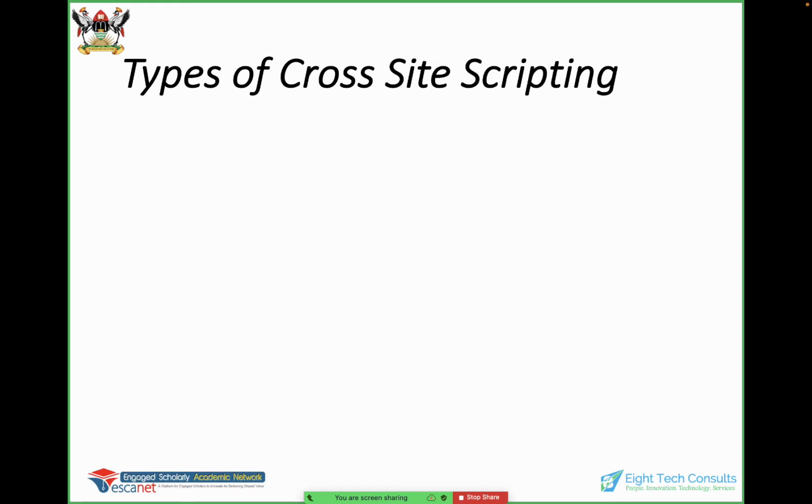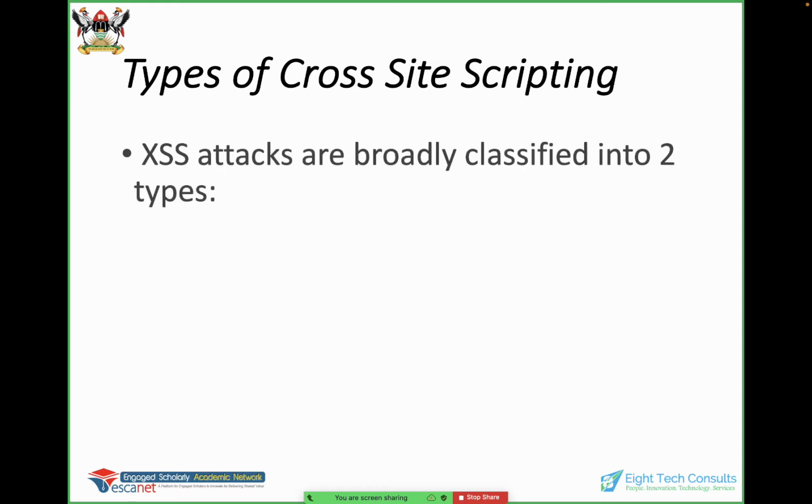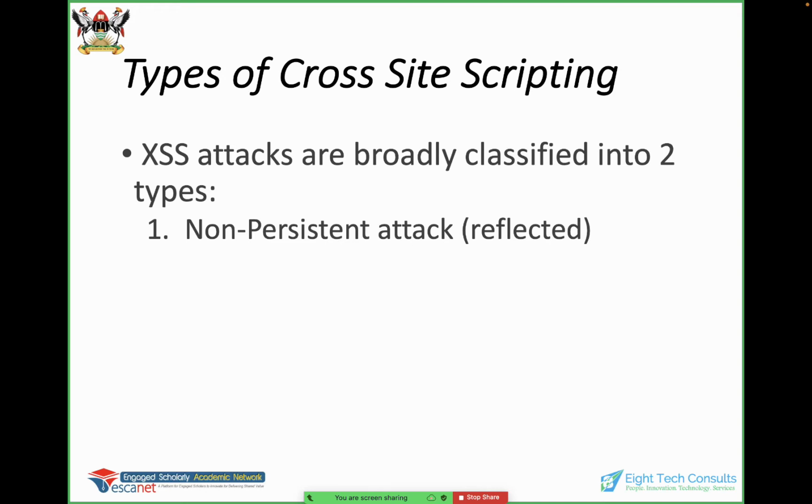So, types of cross-site scripting. They are classified mainly into two categories of XSS attacks. The first category is called the non-persistent attack, or what we call the reflected attack, and the other one is called the persistent attack, or what we call the stored attack.